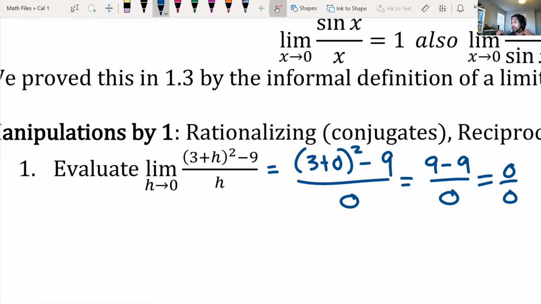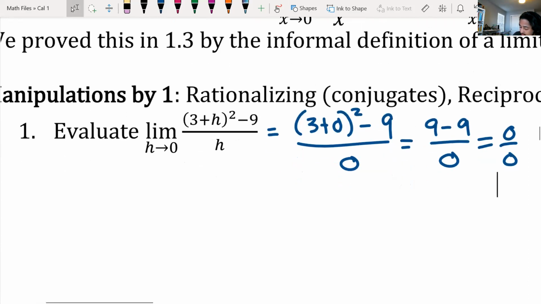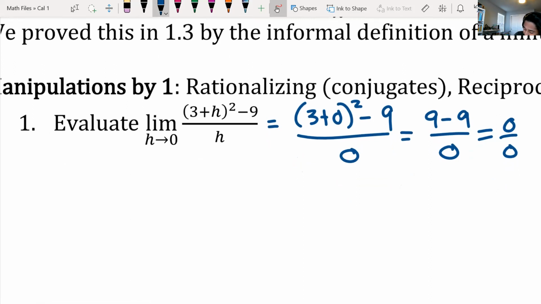Indeterminate. So if we ever come across indeterminate like we did above, we go back to the original limit and fix it algebraically. But it is always smart to try to plug the number in first, because if you plug the number in and it works, move on, you're done. But if it doesn't, then we have to fix it. So let's go ahead and fix this one.